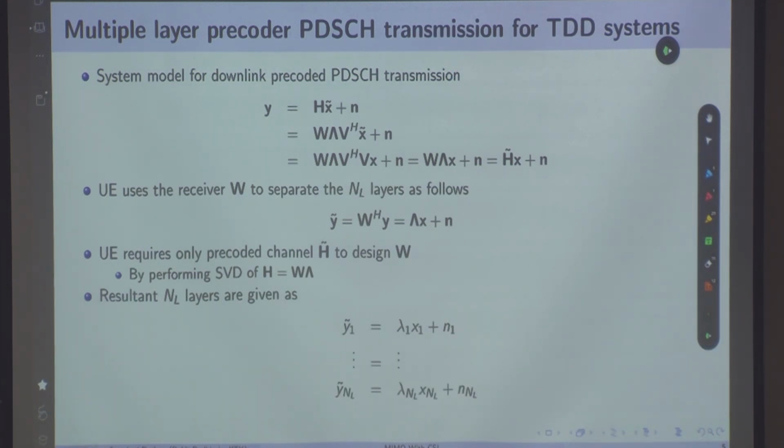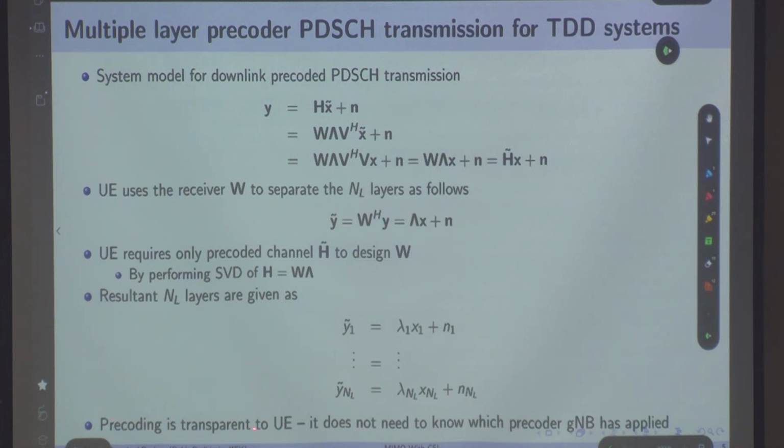It is done, and this is the term used in the standard: people who work on standardization call this precoding as transparent to the UE. How is it transparent to the user?